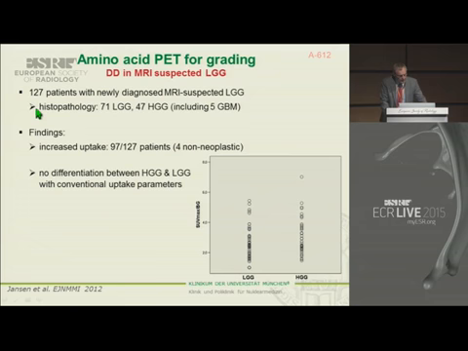We've looked at that in a relatively large cohort with a suspected low-grade glioma, and we've seen, if we look at the uptake, there's been no differentiation possible between the high-grade and the low-grade gliomas with conventional uptake parameters.